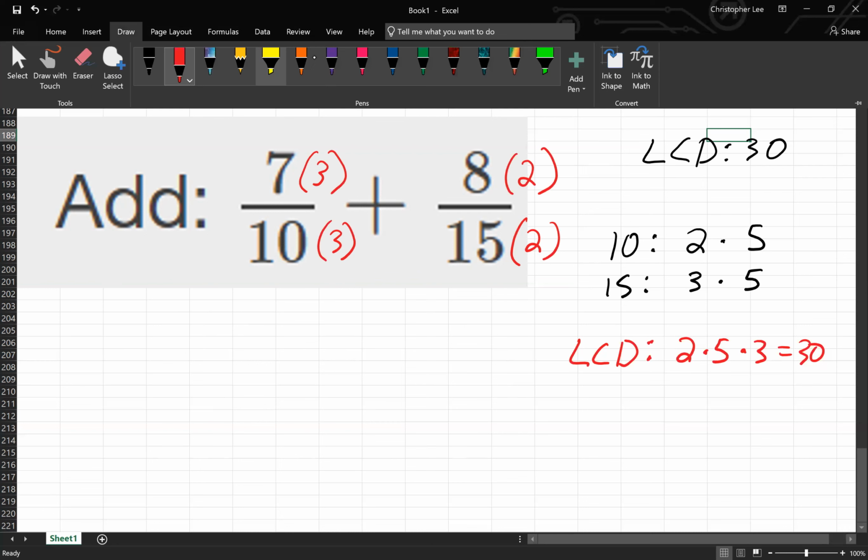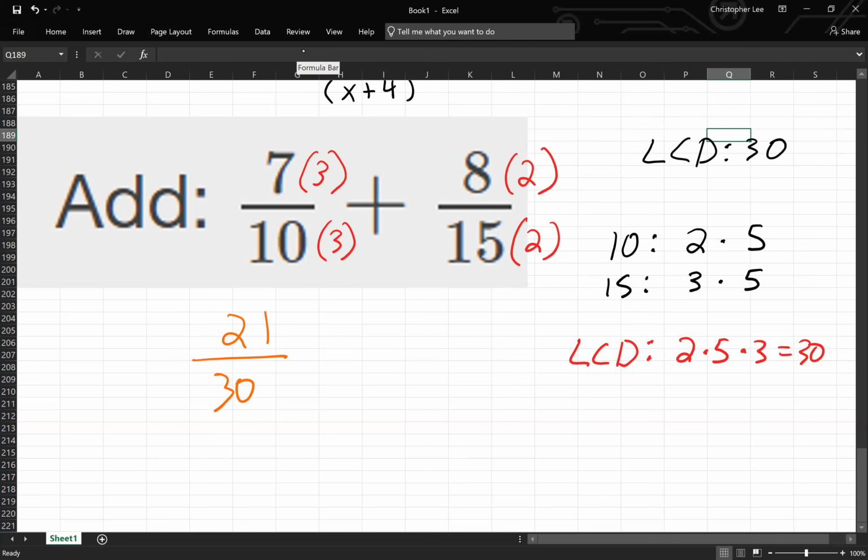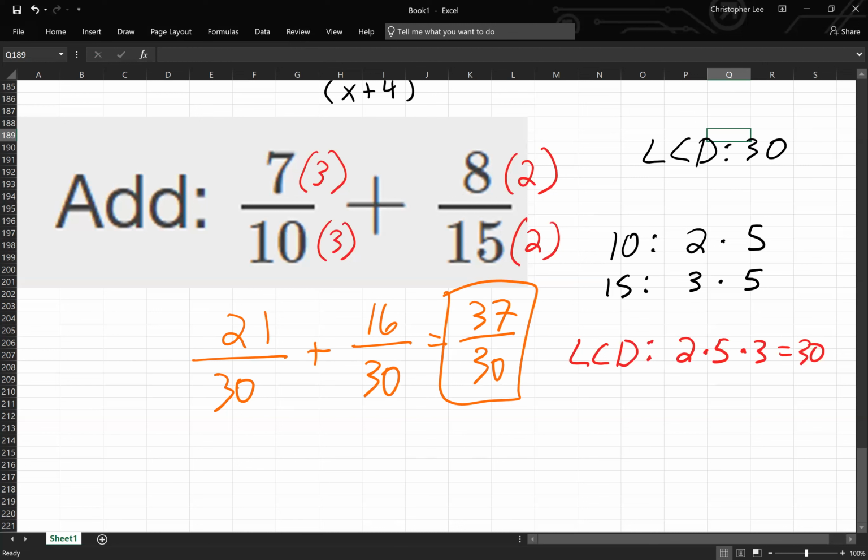We have 21 over 30 plus 16 over 30. Excellent. Add them. And what do we get? 37 over 30. That's it. Little blast from the past.